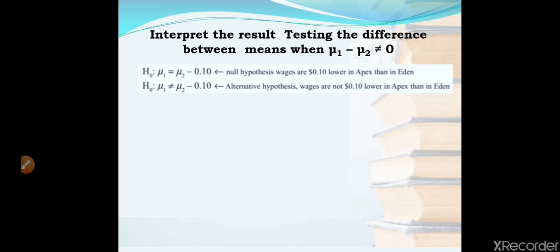So we will change our hypothesis. In that case, our null hypothesis would be mu1 is equal to mu2 minus 0.10, because they have asked whether the average wages were about 10 cents per hour lower in Apex than in Eden. The alternative hypothesis is mu1 is not equal to mu2 minus 0.10.